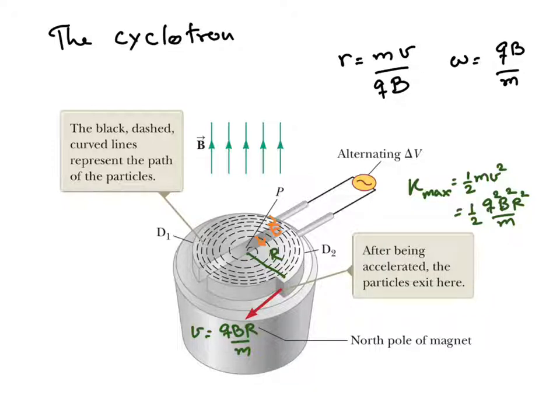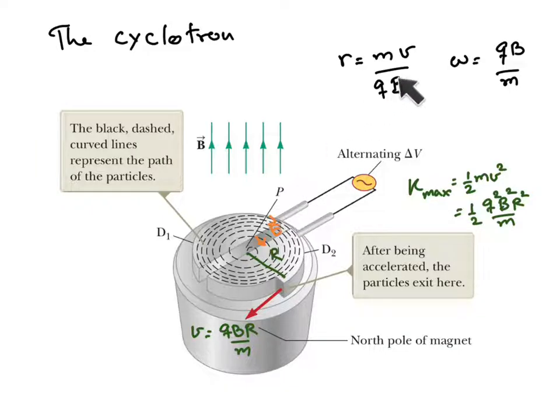So when the particle passes through this gap of the D shape, and these two D shapes are connected to the voltage source, which means it produces the electric field here, the particle will be accelerated between this gap, and the velocity of the particle will increase.